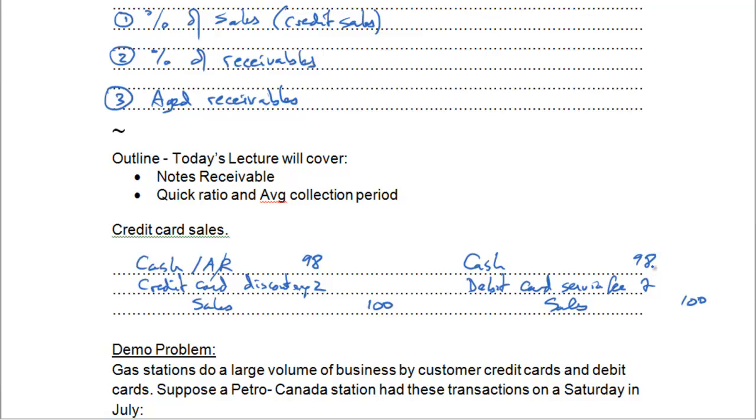You just need to understand that you're going to have this little expense accumulated as a result of accepting credit and debit cards from your customers. Often the debit card is a flat fee, 10, 15, 25, 50 cents a transaction, whereas the credit card is a percentage of the dollar amount. So that's how the journal entry works for credit cards.